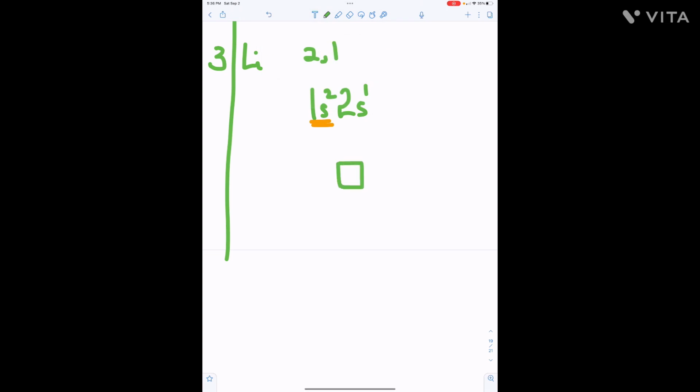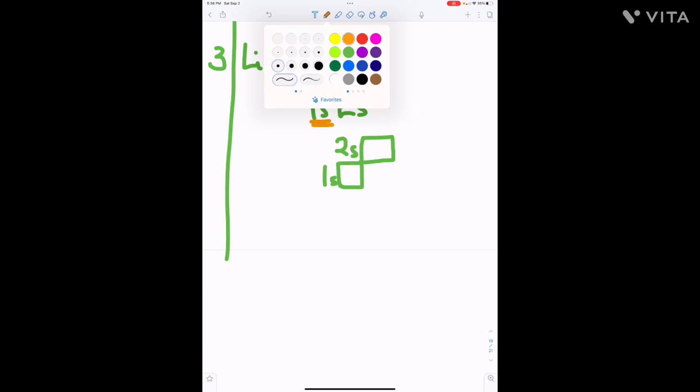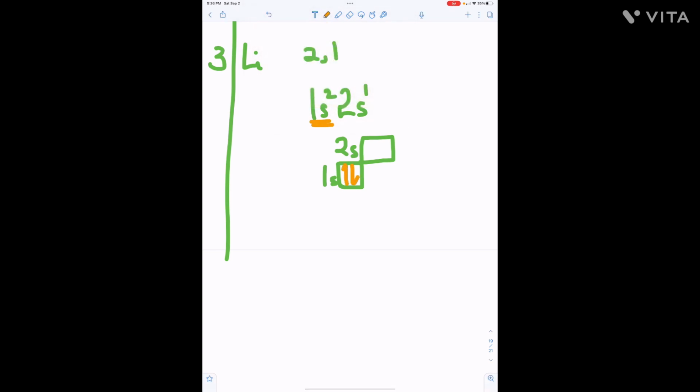Just 1 orbital, and that orbital can take only 2 electrons. So we fill the first 2 electrons into that 1s subshell. And then we go to the next subshell to fill the third electron. So this is how everything looks in picture. This is the quantum electron configuration of lithium: 1s2, 2s1.